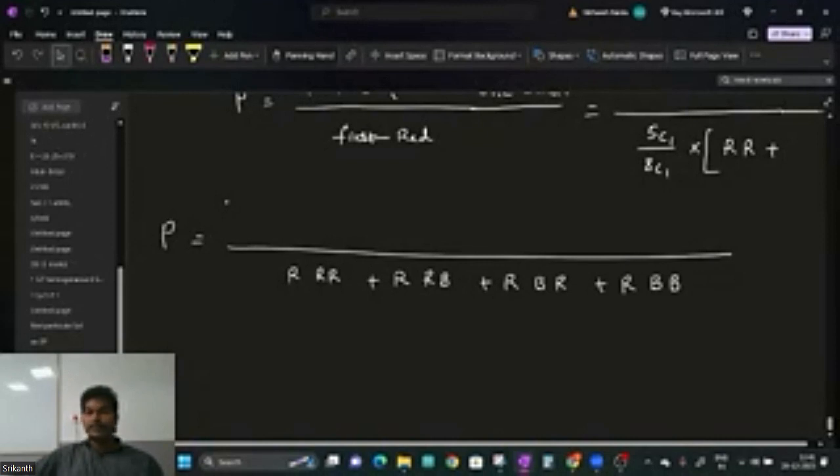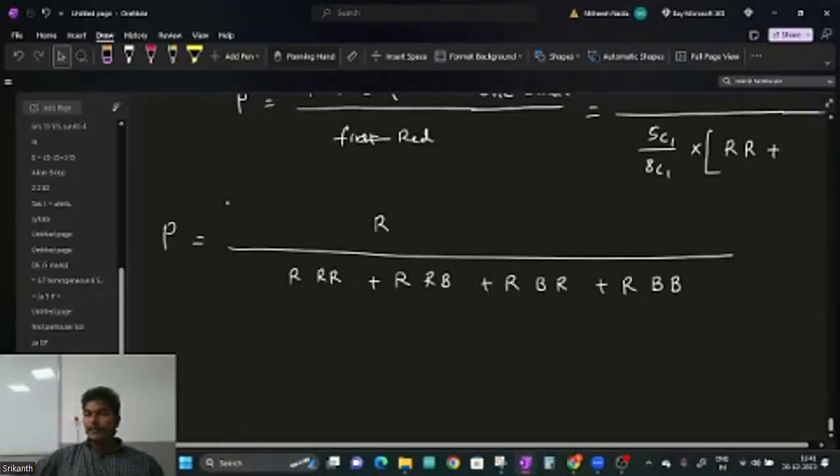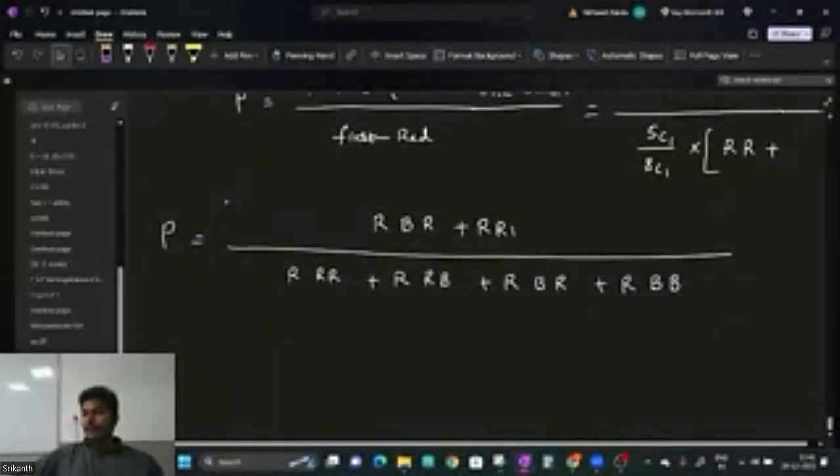The numerator is always first red and at least one black among the rest. At least one black means black, red, or red, black, one black. First always red, at least one black. The choices will be like this. And two black means RBB. Understood? These are the probabilities we have to perform.